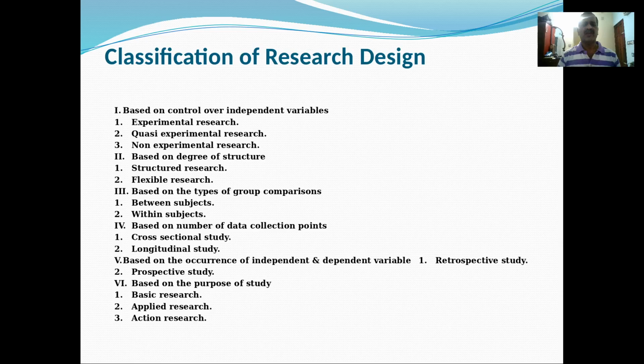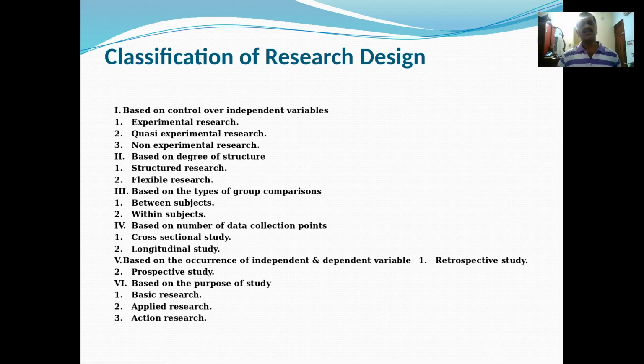Everything is very well planned. Minor fluctuations are not possible. Even non-experimental research can be a structured research if it is very well planned and executed. Even minor fluctuations or changes are not allowed. That type of research we call structured research.